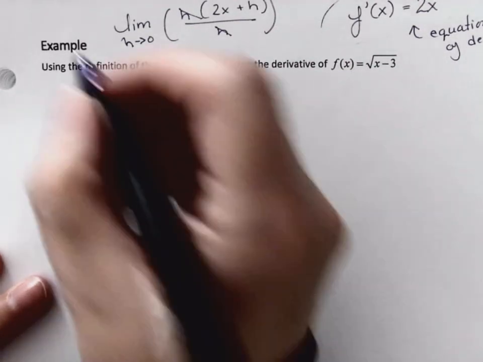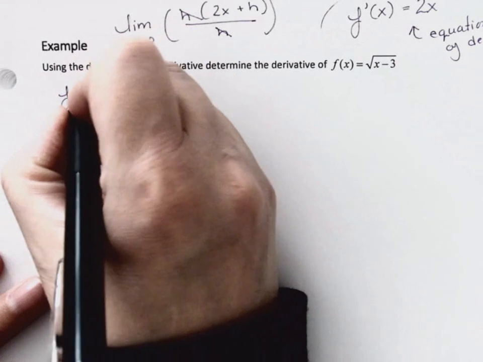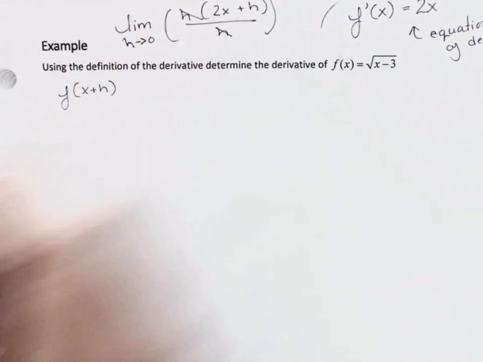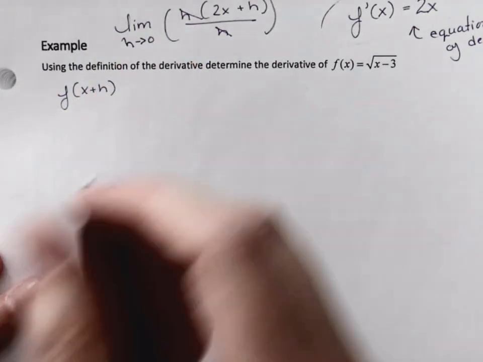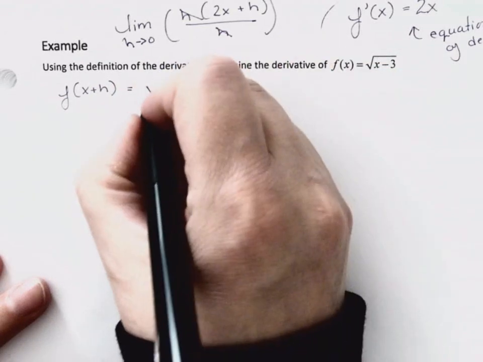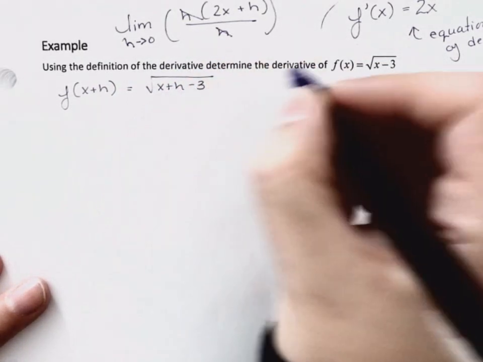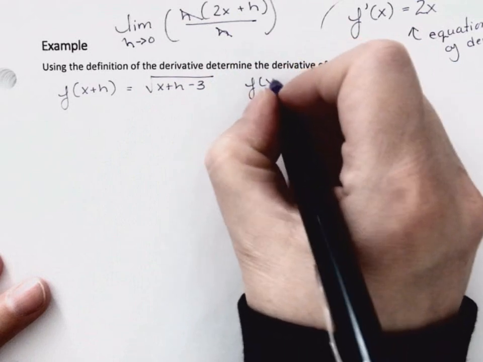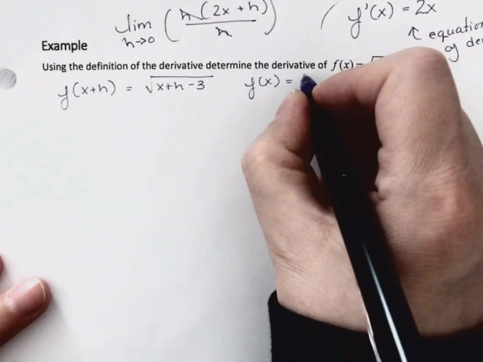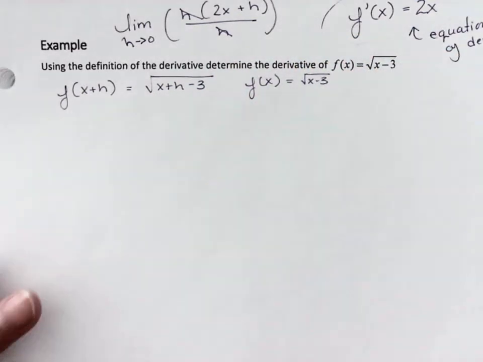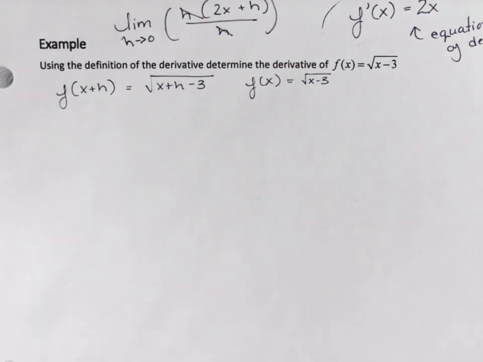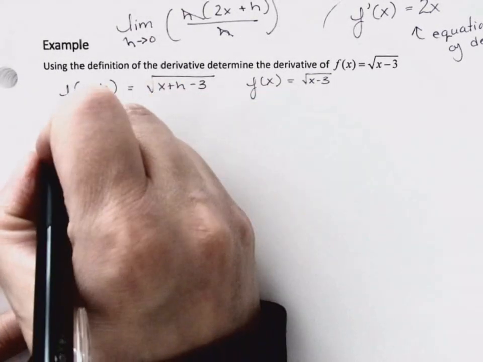Now, something that helped me was if I do x plus h off to the side and put that into the equation, that's going to be x plus h minus 3, and then f of x is just going to be the formula. I don't know if that's helpful or if you prefer to do it inside the equation, but sometimes doing it off to the side, you can jump right into substituting.